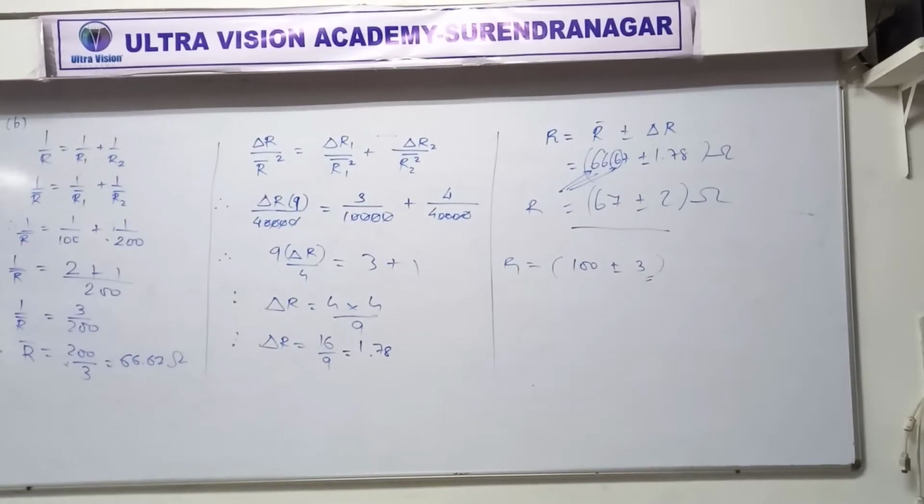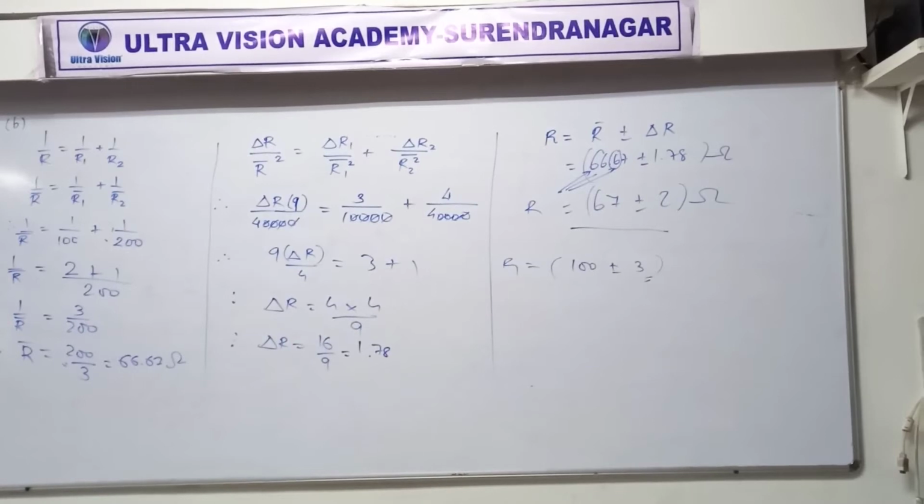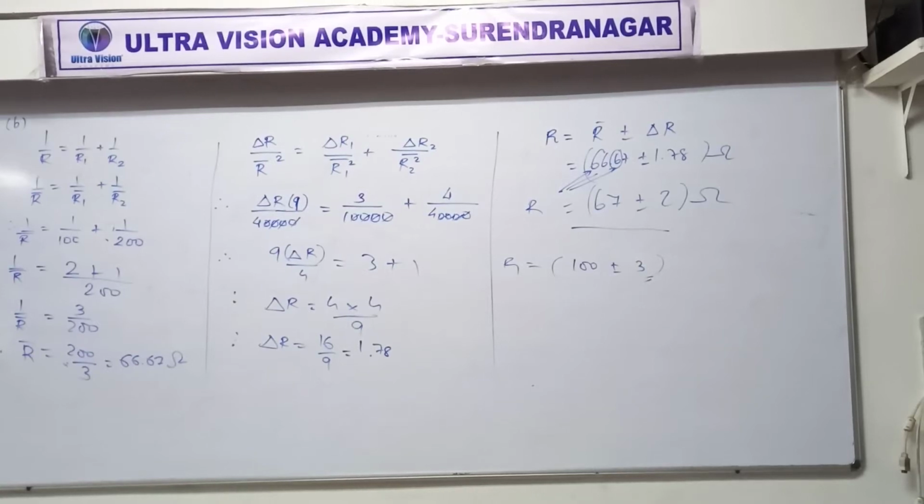Length of a rod is 11.05 plus or minus 0.2 meter. Sorry, centimeter. What is the length of two rods connected in series?